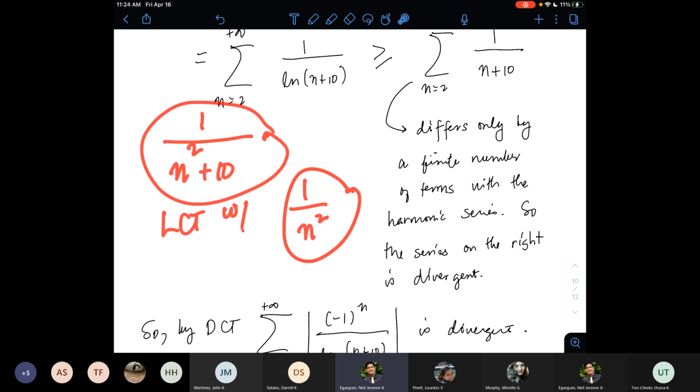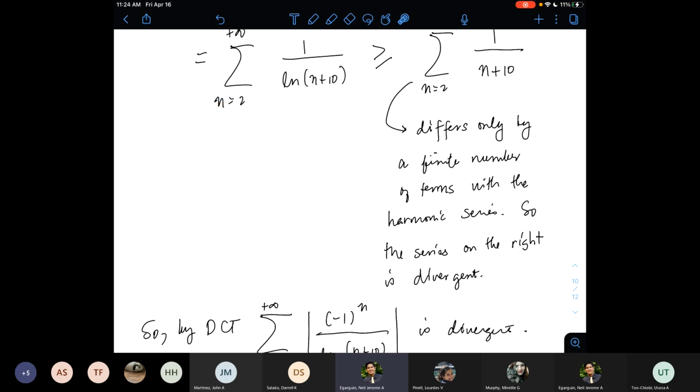By the limit comparison test, the limit of the ratios is equal to 1, which is finite. So they will both converge, because 1 over n squared is a convergent p series, since p is equal to 2. But the direct comparison test will fail because you have a smaller convergent series. LCT won't apply, right? So perhaps you'll need a different test to conclude the convergence or divergence of this one.